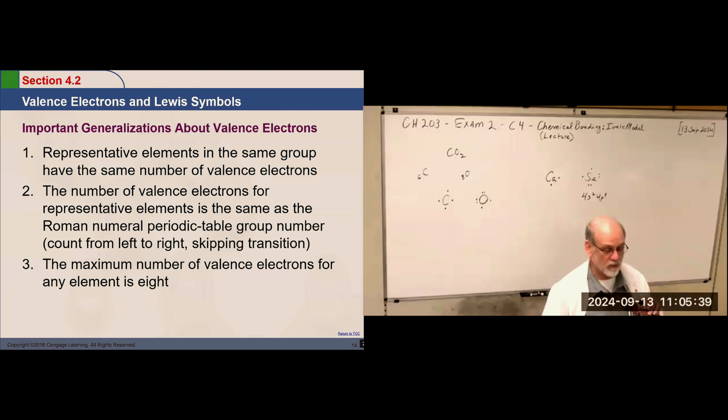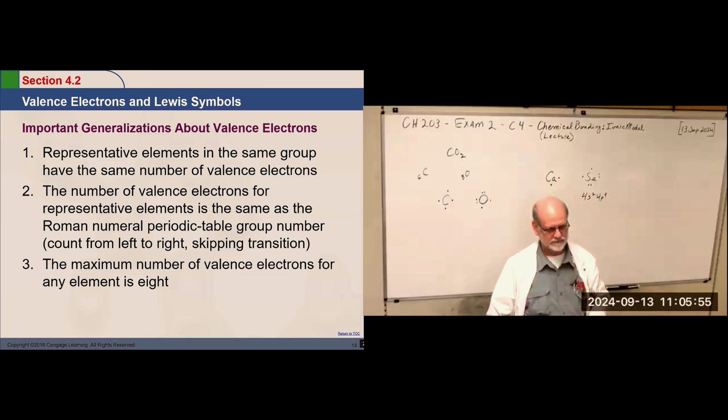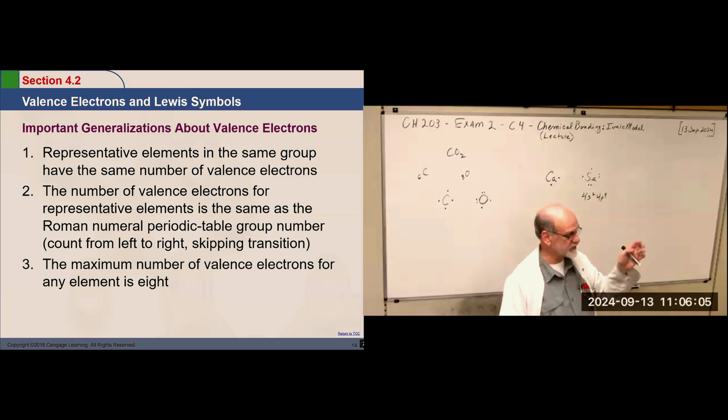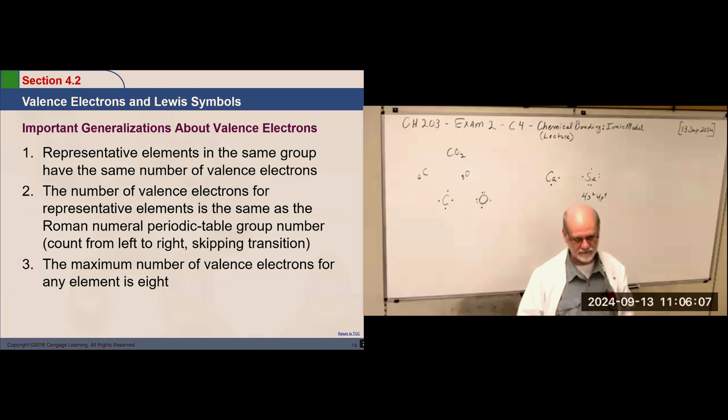So that's one of the reasons that old system was useful, because it told you how many valence electrons are there. The number of valence electrons for representative elements in the same group is that Roman numeral. So the old system is useful in that respect. The new system is just arbitrary.